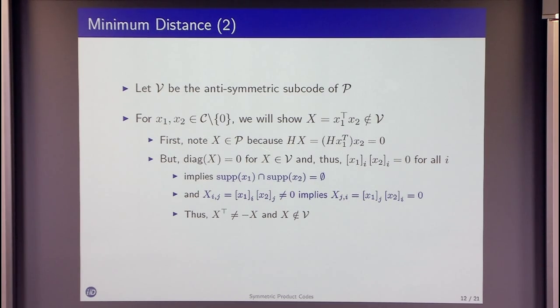Assume that is true. But now when I transpose it, it becomes x1j times x2i. So basically when I switch this one from i to j, these both have to be non-zero for this to be non-zero. And when I switch this one from i to j and this one from j to i, because the supports are disjoint, they both become 0. And so it says that if you choose the code word this way, it cannot be anti-symmetric or symmetric. So we'll leave it at that. So thus, any code word of this form is like this.